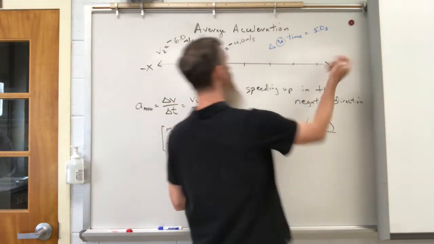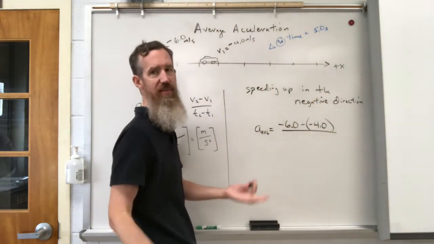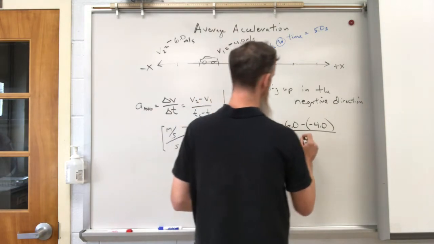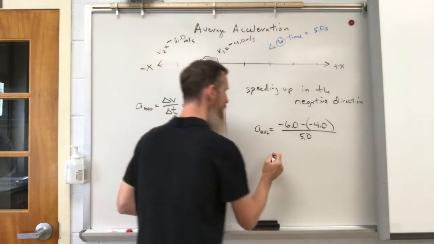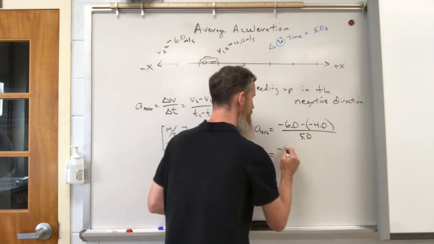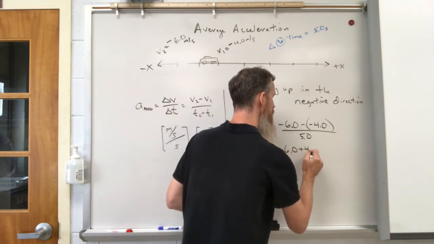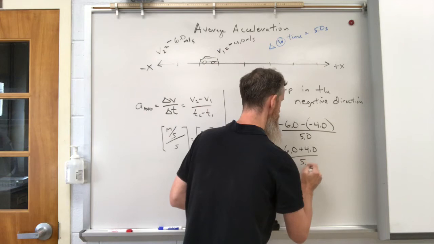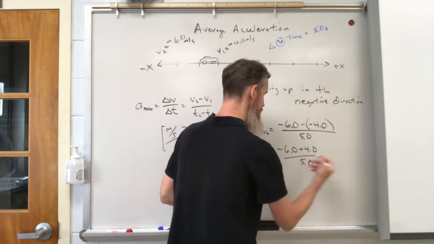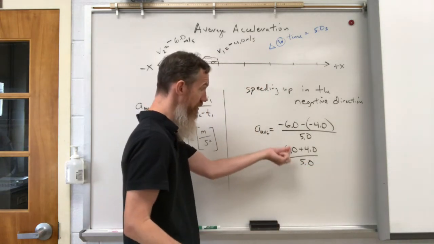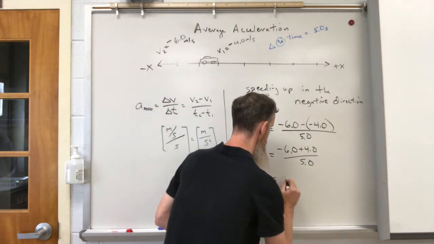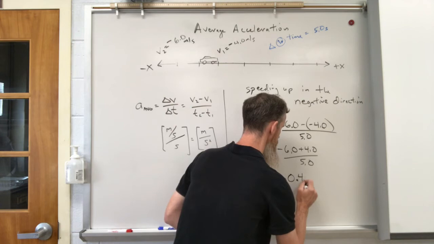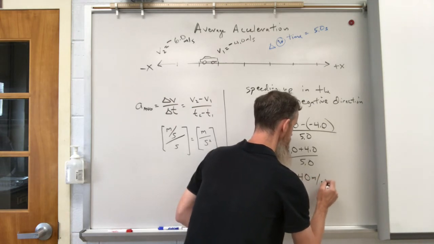And I'm still going to say that these motions happen over 5 seconds. I'm going to keep that time consistent for these examples. If I do this, it's -6.0 plus 4.0 over 5.0, which is -2 over 5. So I believe that comes out to -0.40 meters per second squared.